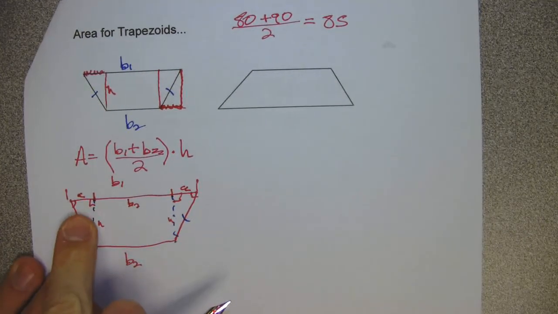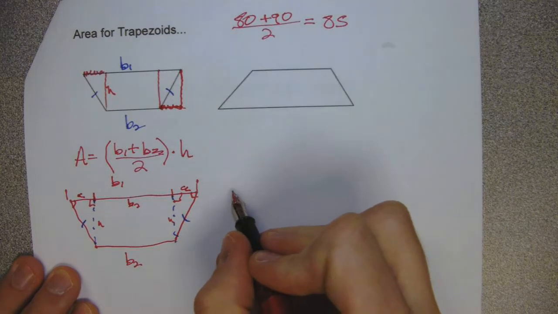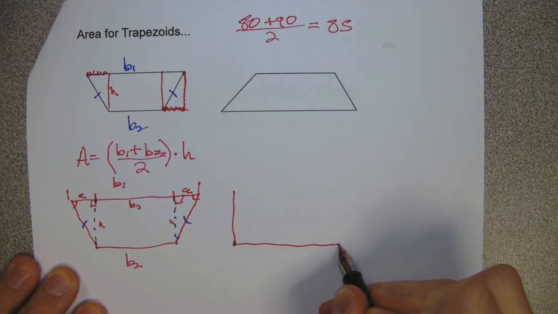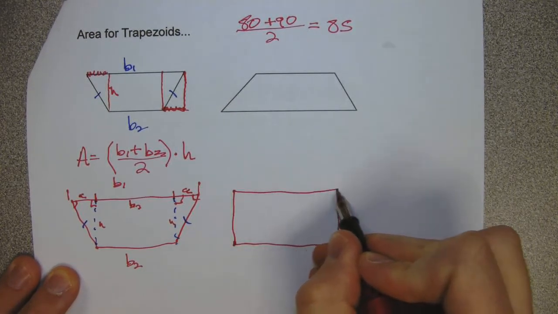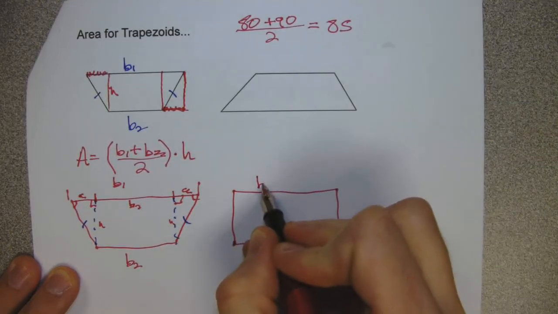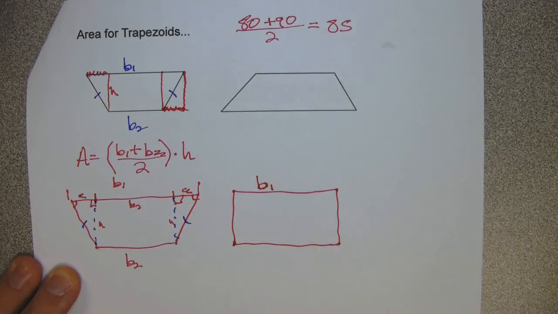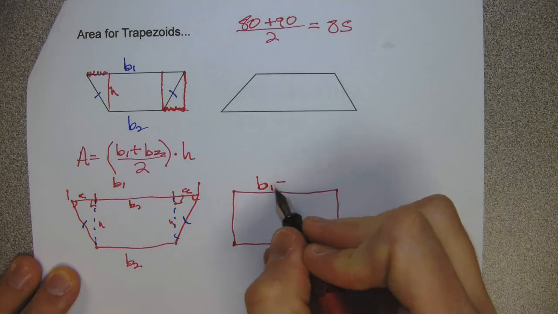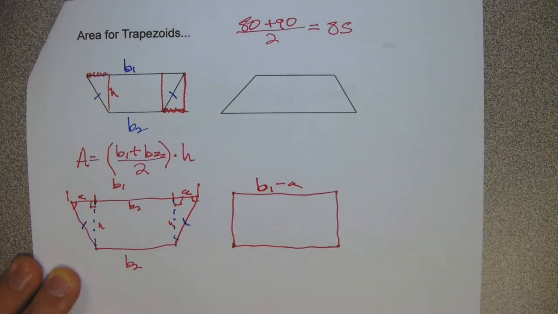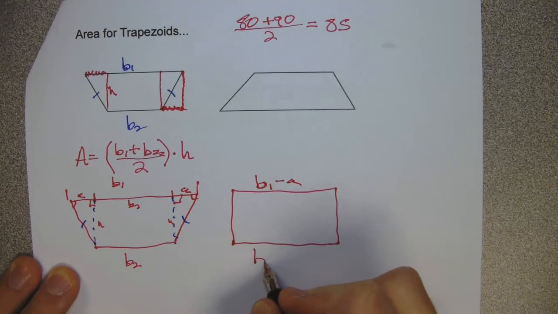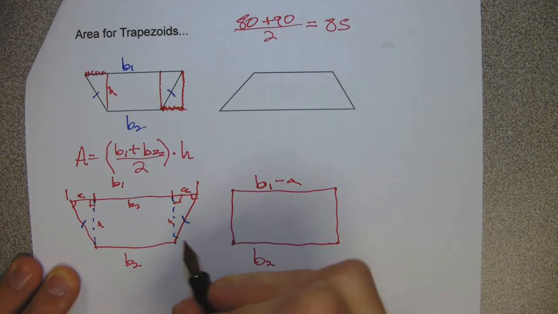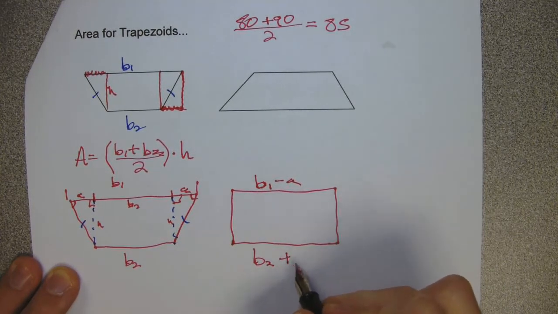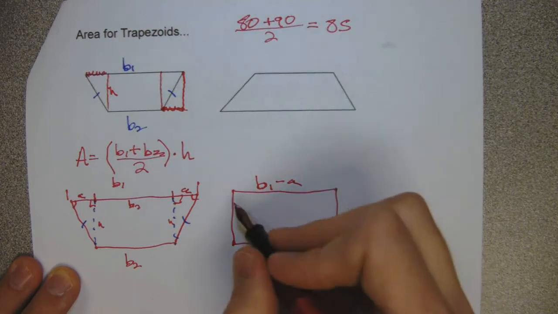So by moving this over, let's redraw the diagram. I end up with B1 up top minus an A. I end up with a B2 here at the bottom with an extra A added on.